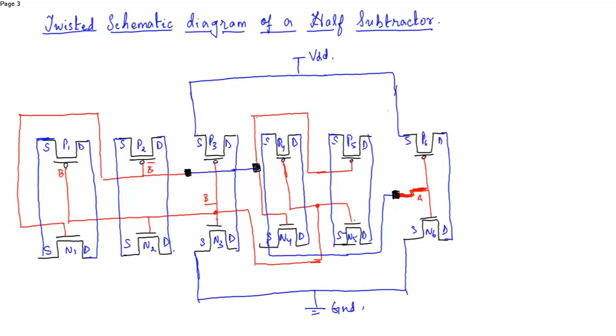Next, the A bar. For A bar, it cannot be connected from the side, so you have to connect from outside. So this is A bar. This A bar can be connected from, okay, this is connected from here.